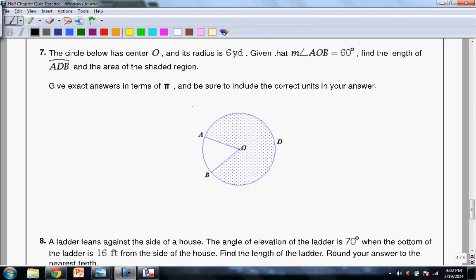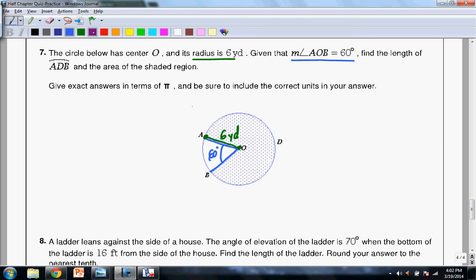It says in the circle below it has a radius of 6 feet. So that's the first thing we're going to label, is the fact that this is 6, not feet, it's 6 yards. We are given that the angle AOB is 60 degrees.